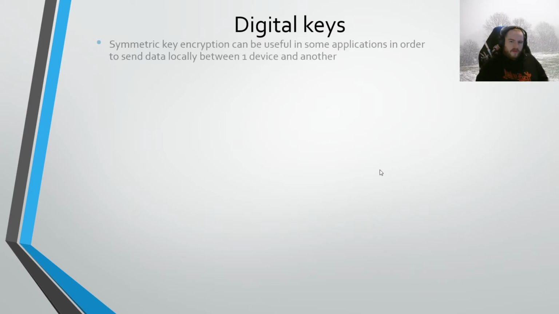So what I'm going to start off with is digital keys. Digital keys are usually used for symmetric and asymmetric encryption, which is what I mentioned before in previous videos. Symmetric key encryption is what I'm going to talk about first. Basically, a key is generated for a piece of data which is used to encrypt it.